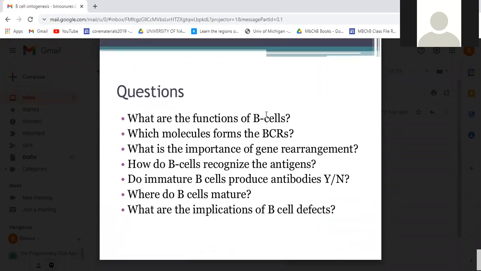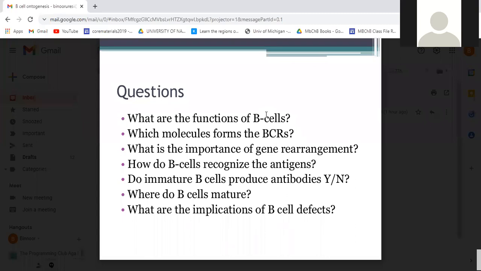Now, if you may want to recap what we have just talked about, you can ask yourself these questions: the functions of the B cells, which molecules form the B cell receptors that we have talked about. So let me mention here that the B cell receptors are actually immunoglobulins that are found on the surface of B cells, and any mature B cell must have immunoglobulin M on its cell surface.